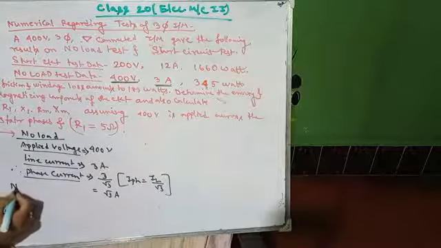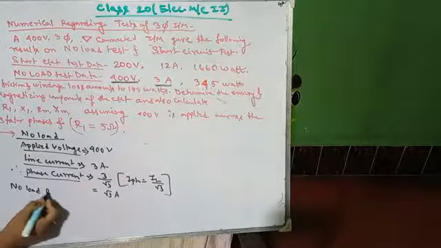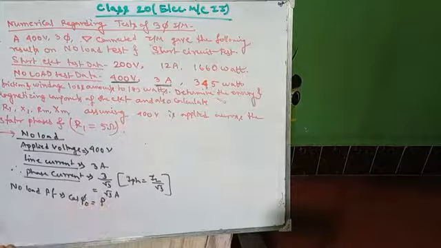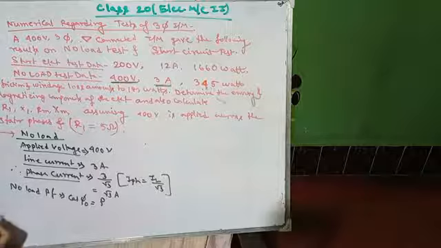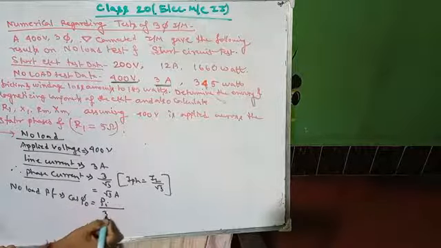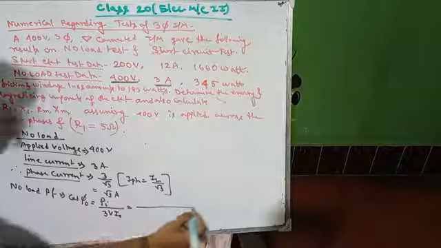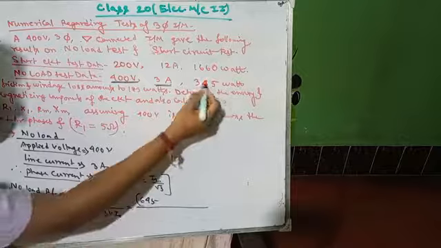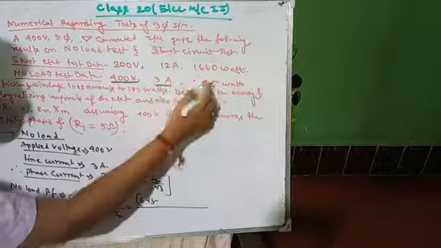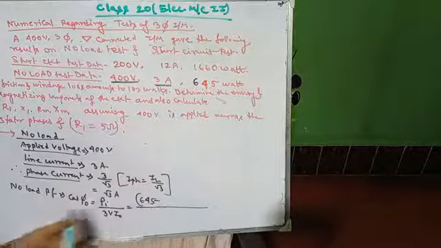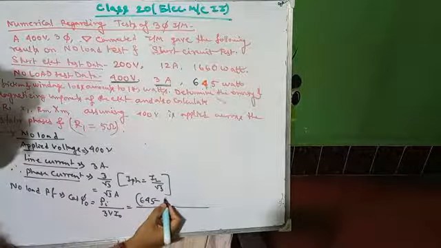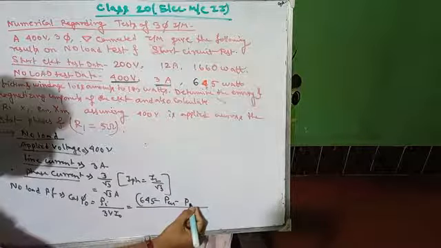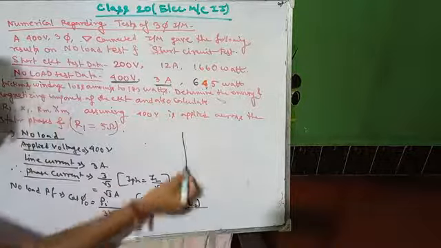Now you can directly calculate the no load power factor, cos phi naught, which equals Pi divided by V into I naught. Pi equals 645 minus the copper loss PCU and the windage and friction loss PWF.